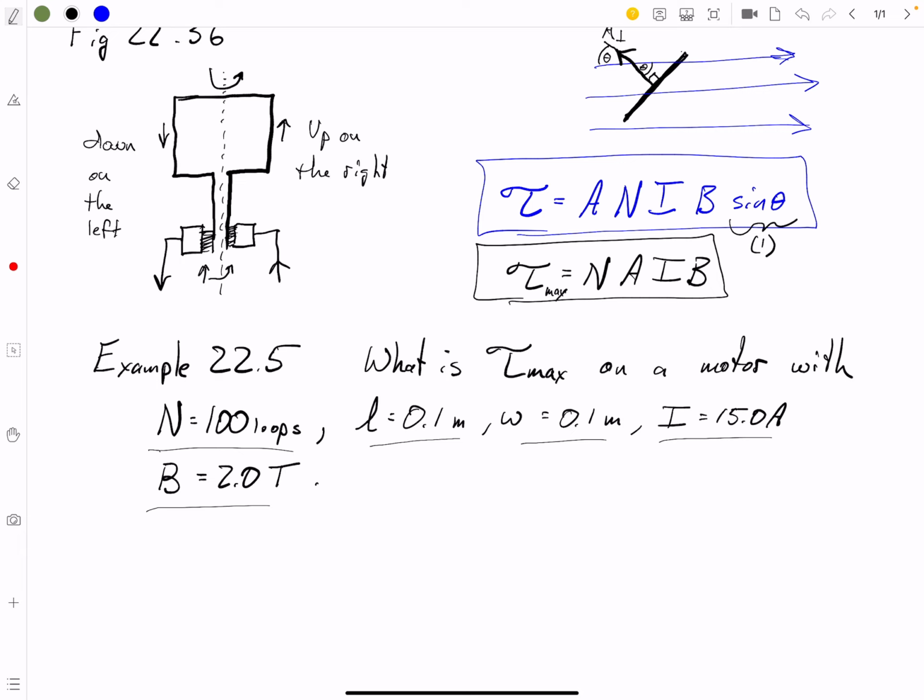But let's say this is a motor that has these situations. What is the torque max on that motor?